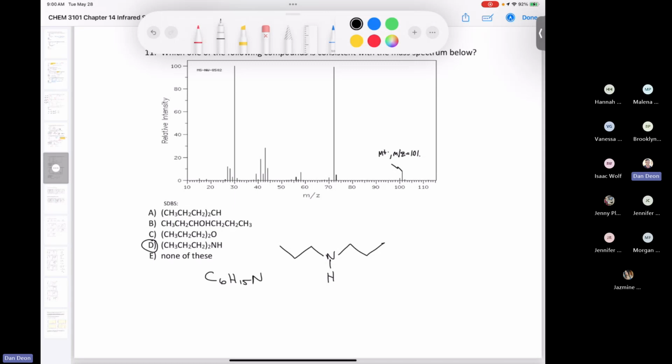So it has a mass, the molecular ion, equal to 101. And so if we do an alpha cleavage, if this is our alpha carbon here, if we were to lose the ethyl, we would see M minus 29. We should see something with a mass over charge of 101 minus 29, which gives us 72.